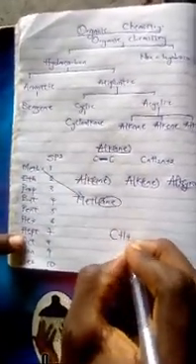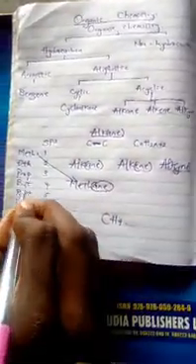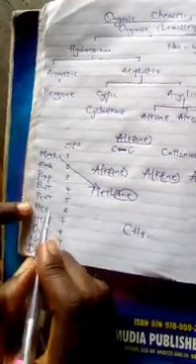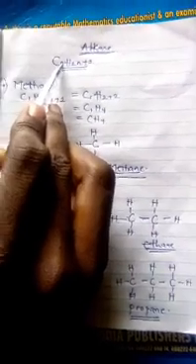Methane has the formula CH4. I've given you meth, eth, and prop, which is methane, ethane, propane. Then the butane, pentane, hexane, heptane, octane, nonane, decane. I believe that with what is here, you can easily get it. Just put whatever is supposed to be there, then get your answer.